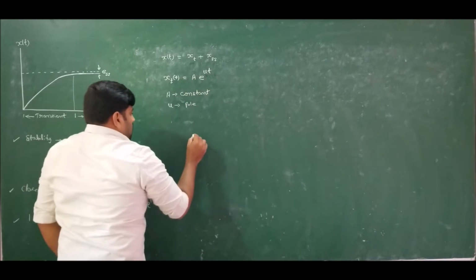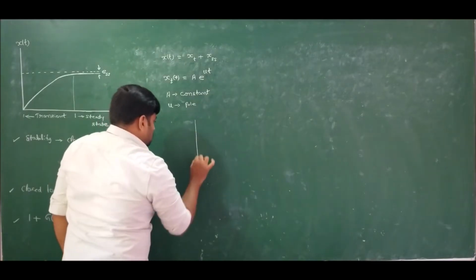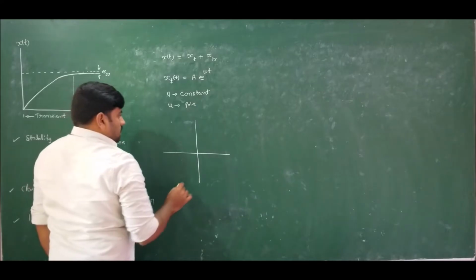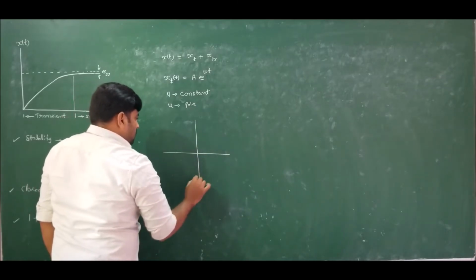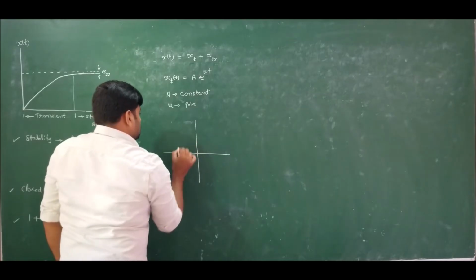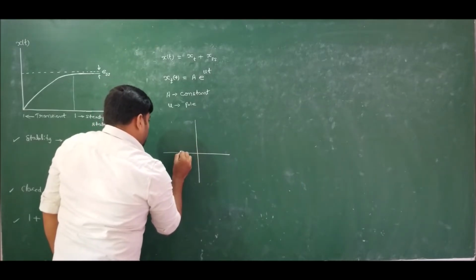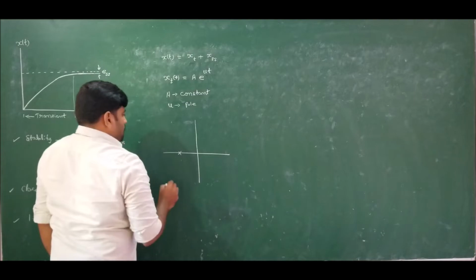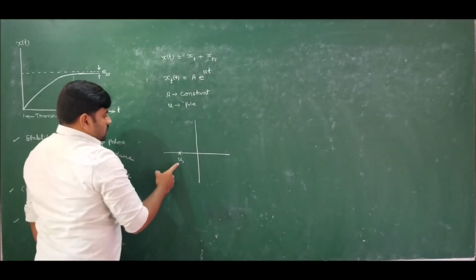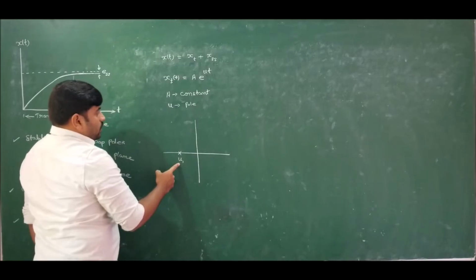That is, if I plot the value of u in a plane like this, that is, the closed loop poles, let us say I have a pole here, let us call it u1. For u1, if you carefully observe, u1 is a negative value.